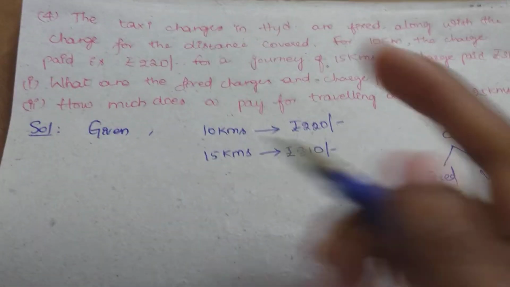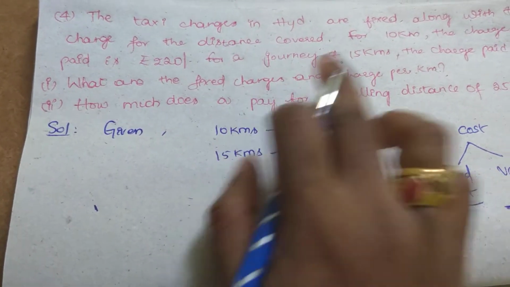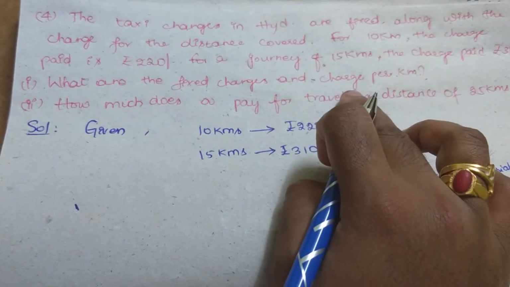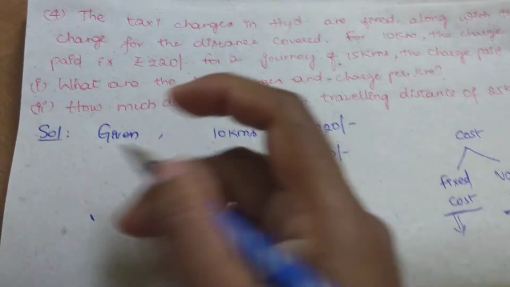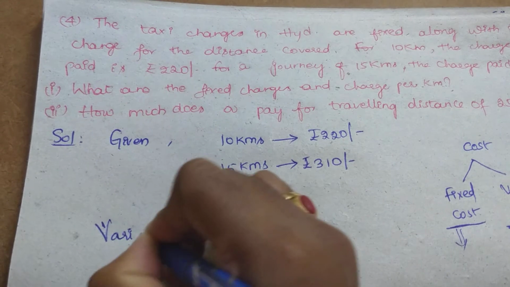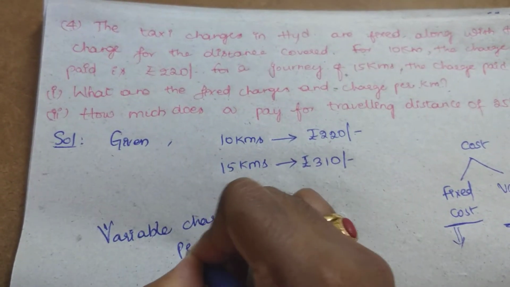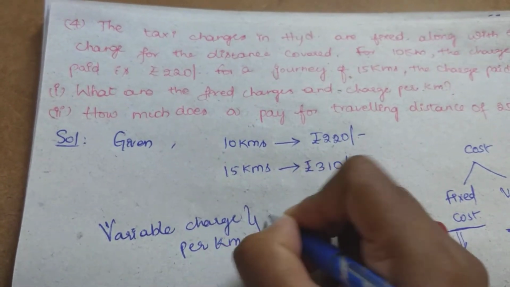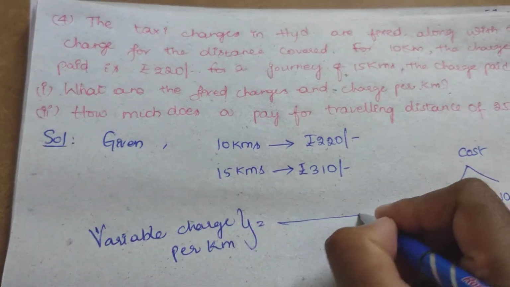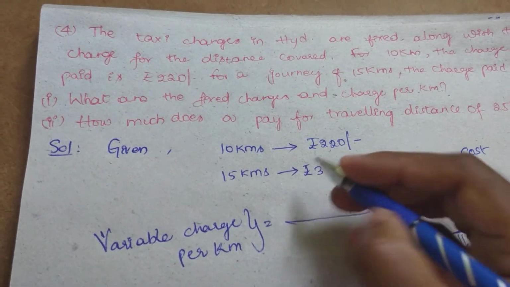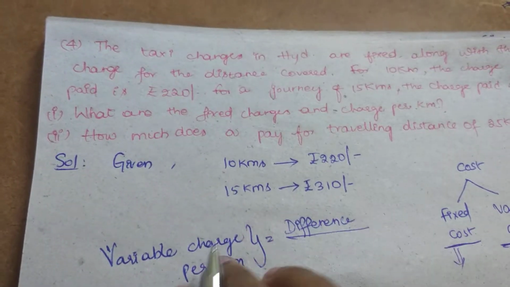Here, let us see how to find the fixed cost and variable cost. There is a formula, and this formula is important. They have asked us fixed charges and charge per kilometer, which implies variable charge. So variable charge per kilometer equals the difference in payment divided by the difference in kilometers.